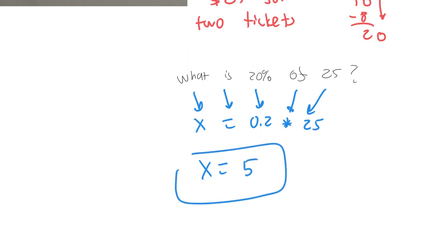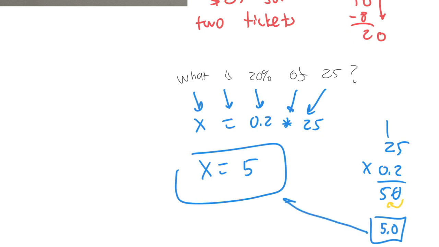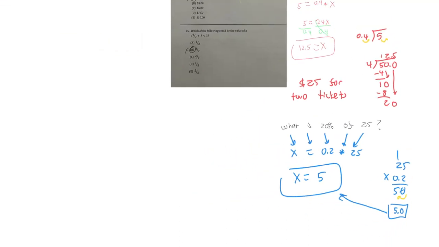All right, so 0.2 times 25. Now, in case that's not clear, you could go off to the side. You could multiply 5 times 2 is 10, carry the 1, 2 times 2 is 4, plus 1 is 5, and then you're actually done. It's just that you have a single decimal place to take into account at that point, which means you have to take this decimal and move it over once, and therefore you are actually looking at 5.0, also known as 5. Okay, so that is that one.